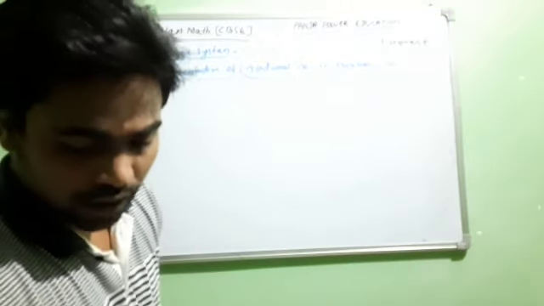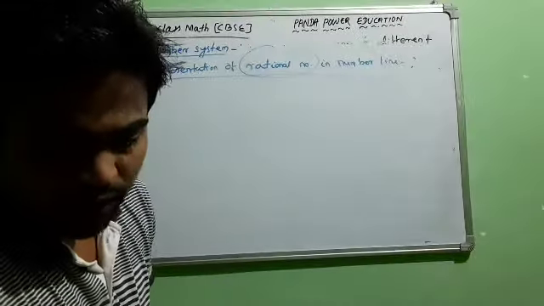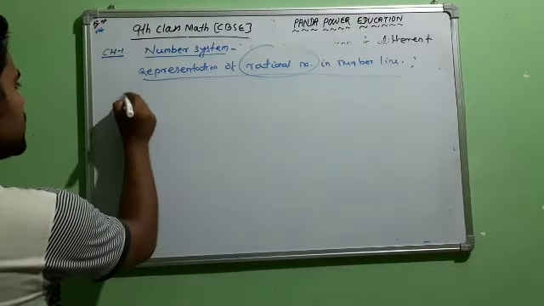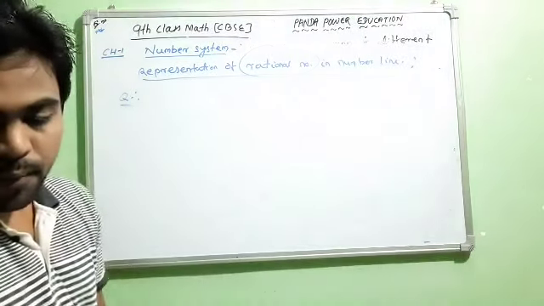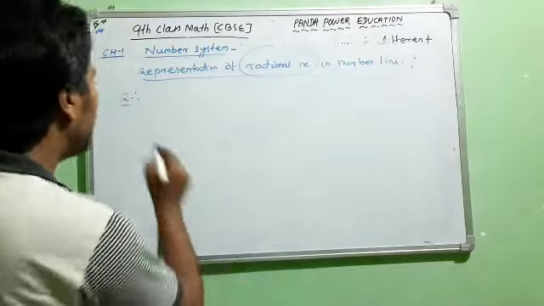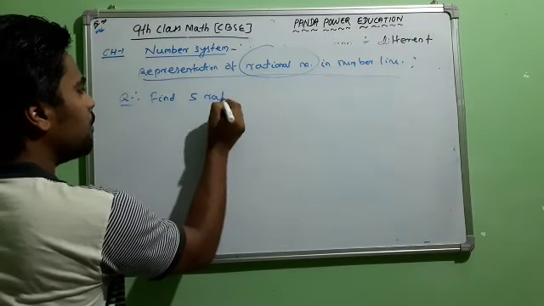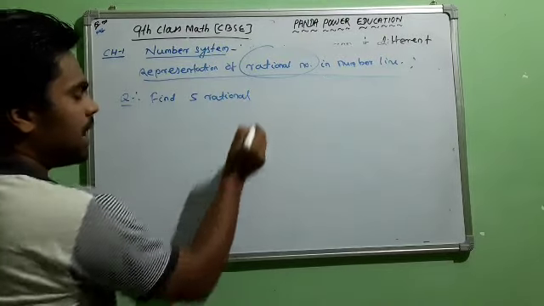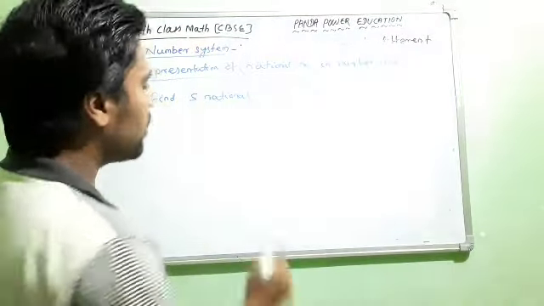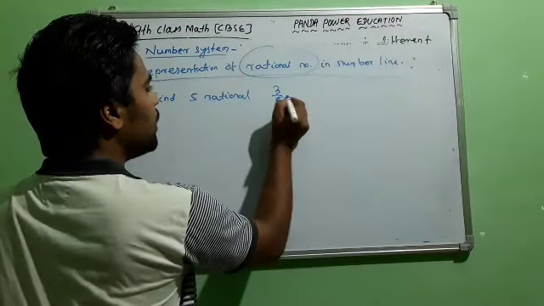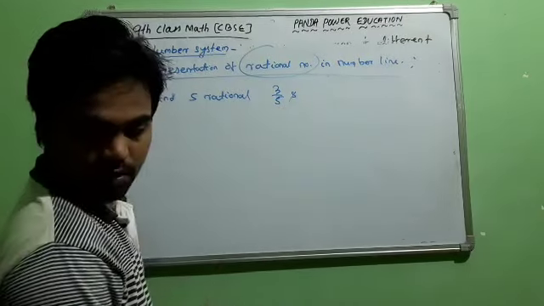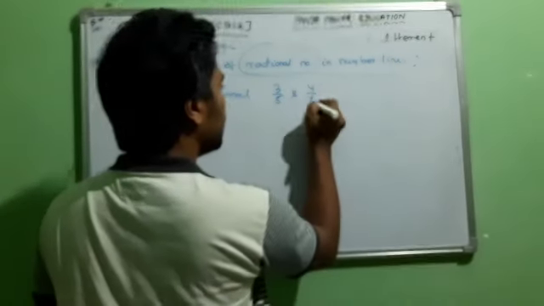Got it? So next example, question number 3. Find 5 rational numbers in between 3 by 5 and 4 by 5. Got it?